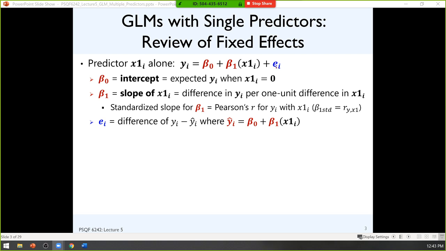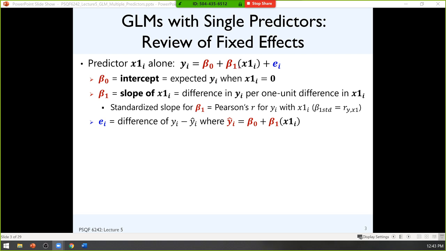We don't really care what the e is for each person. What we care about is its variance across people. So we take each person's e, square it, sum that up across people, and divide by the denominator degrees of freedom, sample size minus the number of effects we had to estimate, so 2 here, and that gives us error variance. We want to see that after putting predictors into a model, that error variance reduces in size.